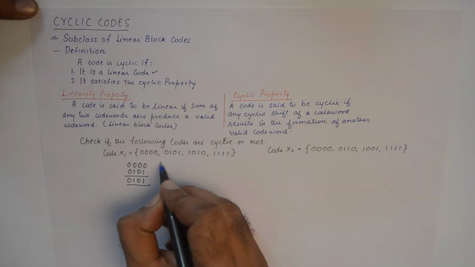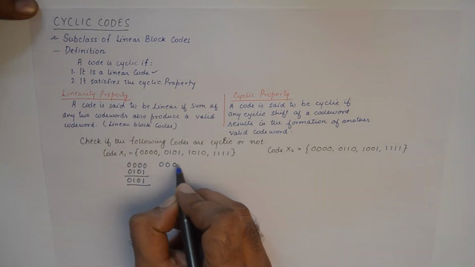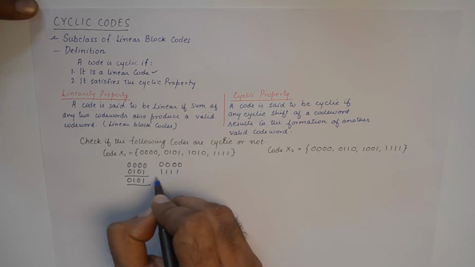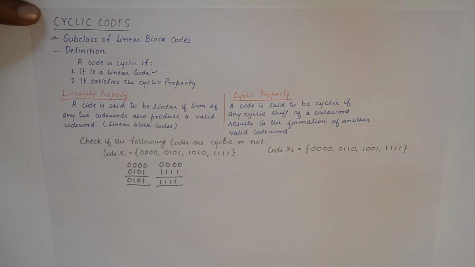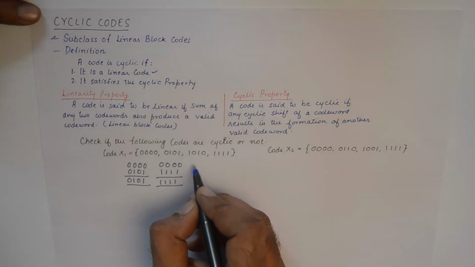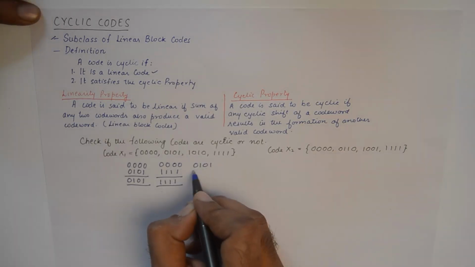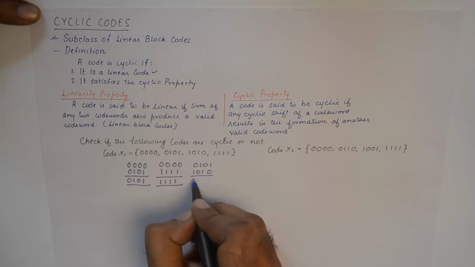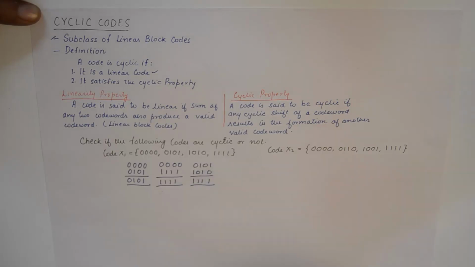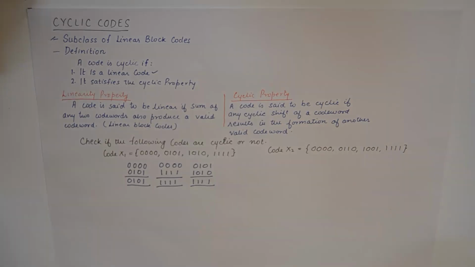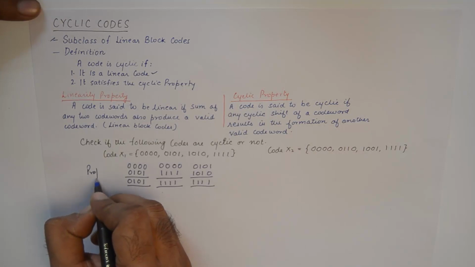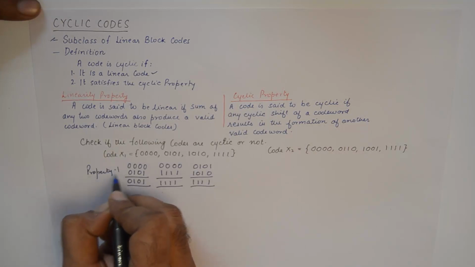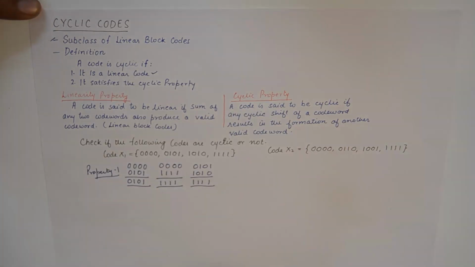So if we add up, let us say these, they'll also result in a code word which is there in the set. And similarly, if we add these two, it'll give me a code which is there in the set of cyclic codes. So property number one is satisfied for this set of codes.